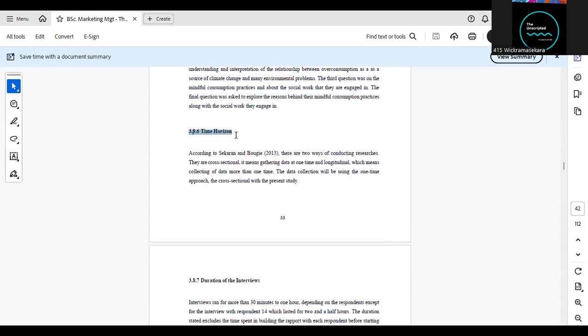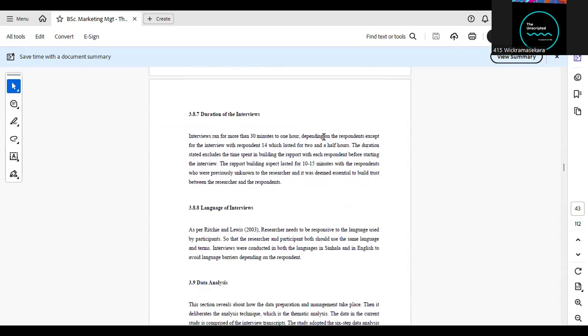And then the time horizon, which is about when you have collected the data. It's going to be cross-sectional for y'all because you're only collecting data once, right? Y'all are not doing longitudinal studies, which means collecting data over time from the same set of participants.